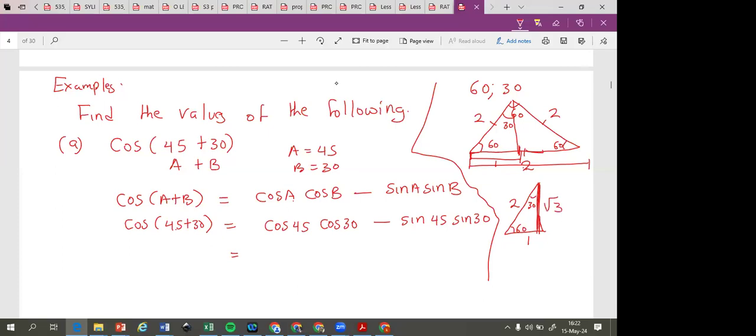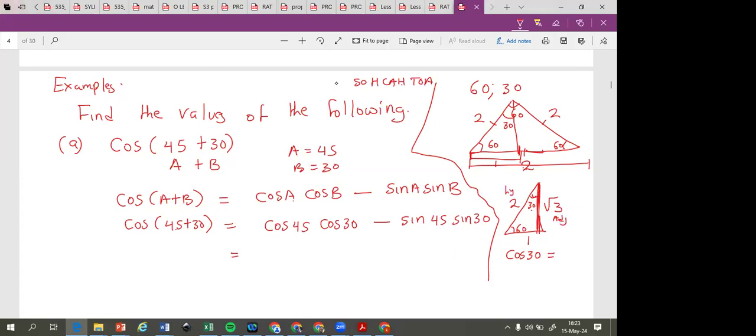Now we can start. In case I want, this is 30. If I want cos of 30, members, you go back to your SOHCAHTOA. You shouldn't forget SOHCAHTOA. I have to get adjacent and hypotenuse. So for this case, if this is where 30 is, this is your adjacent and this is your hypotenuse.